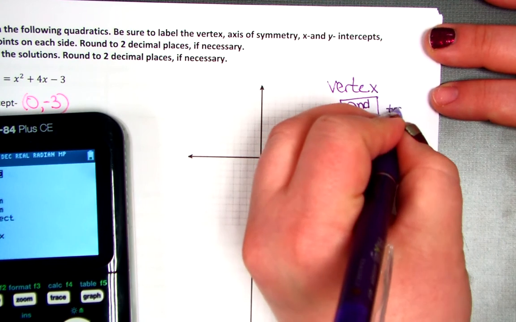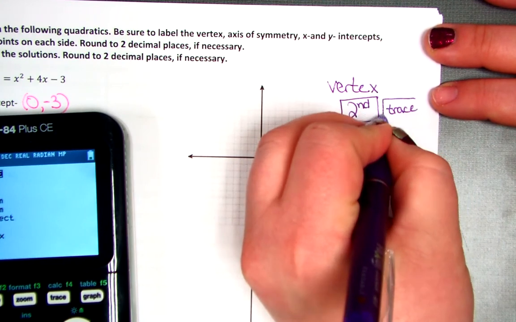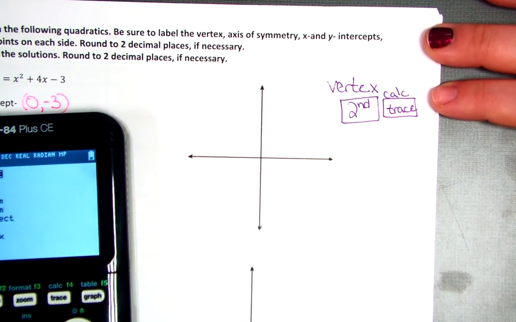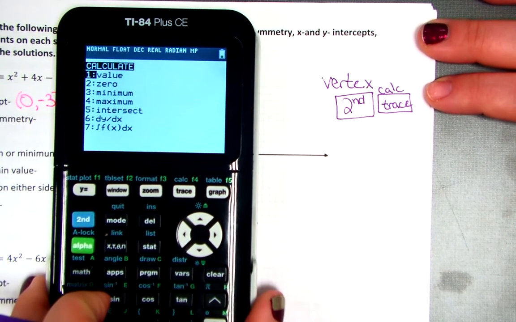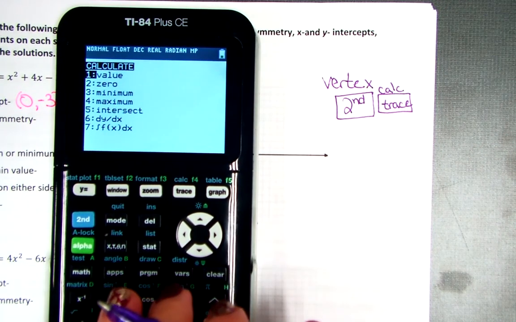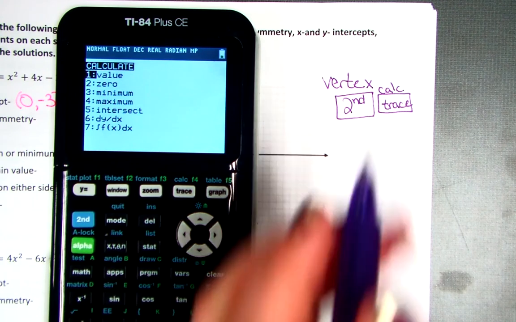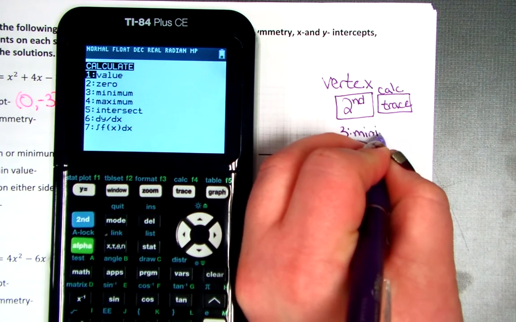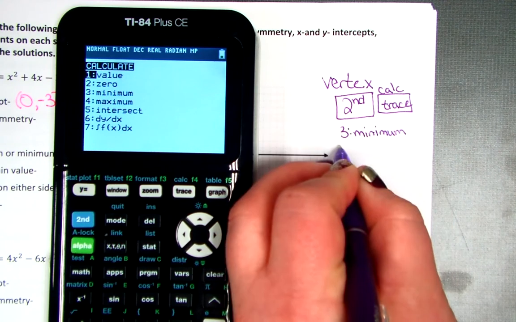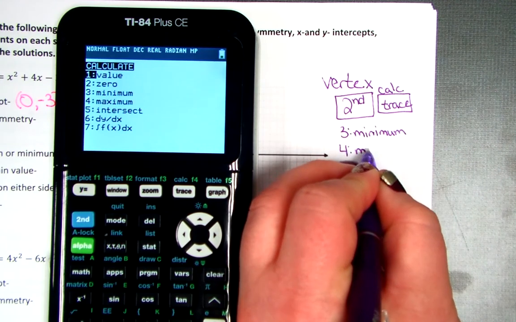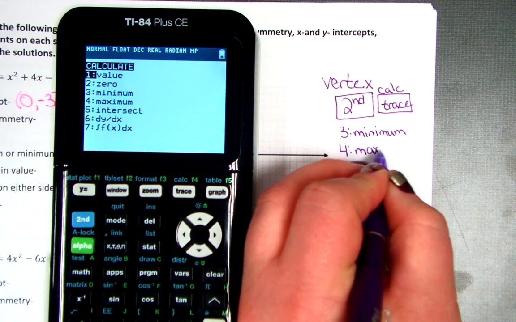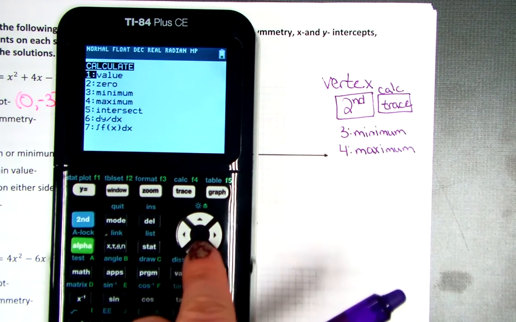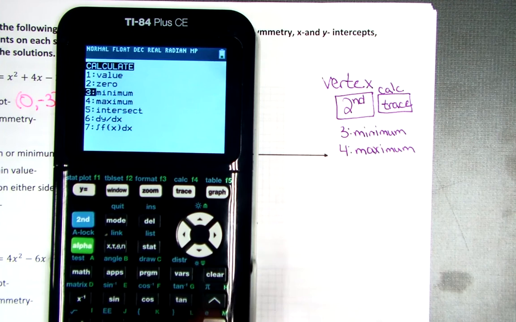That was the trace button. And it said calc above it. Once you press that, you'll see that it says minimum and maximum. And you need to choose either 3 for minimum or 4 for maximum. We determined that ours was going to be a minimum because it was opening up. So we'll go down to 3.